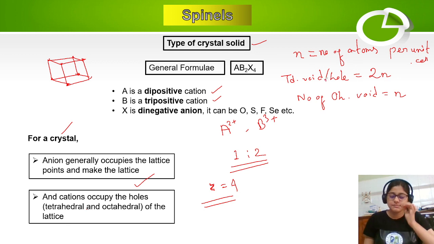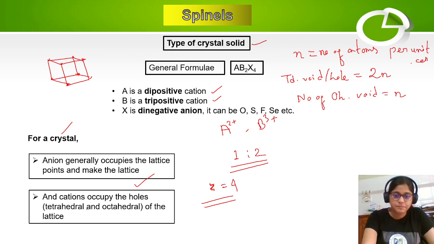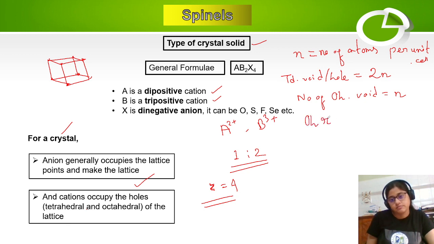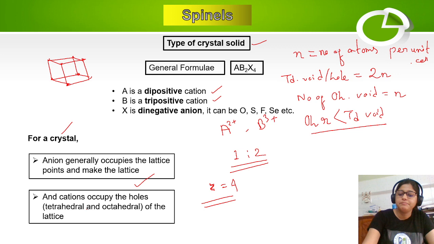These are some general ideas. Let's go to the next slide now. The octahedral void is actually smaller in radius than the tetrahedral void.